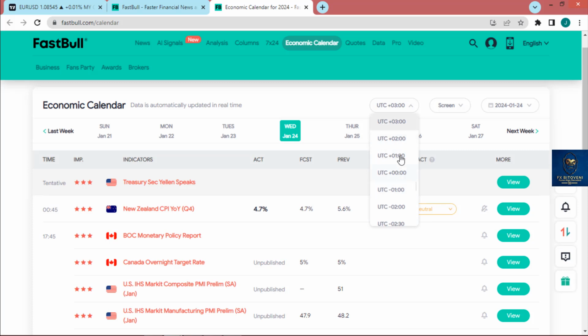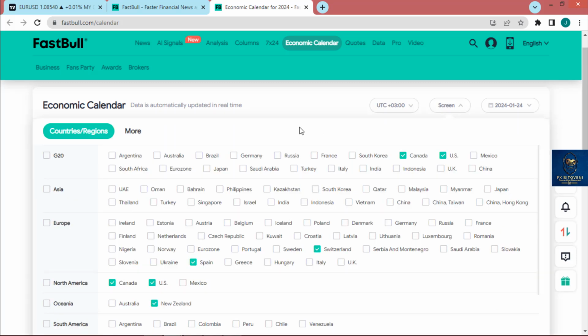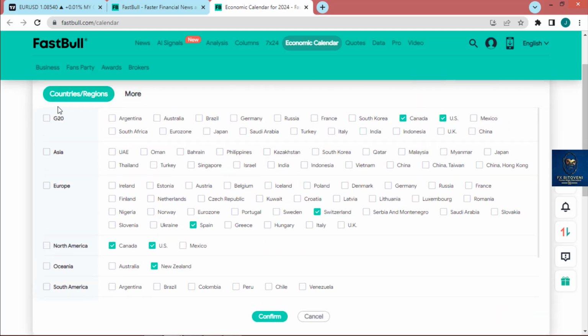Maybe you can use it to mark your TradingView, and then remember to click here on the screen. If you want to filter the news, you can say if you need economic events or news from G20 or Asia, Europe, North America, Oceania, or South America, you can do that.